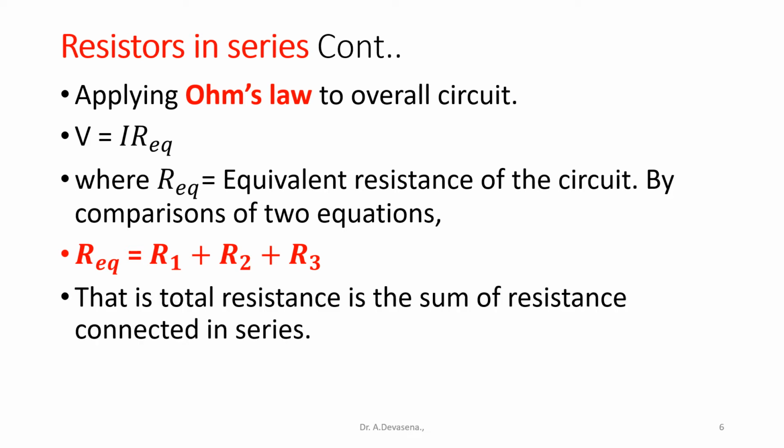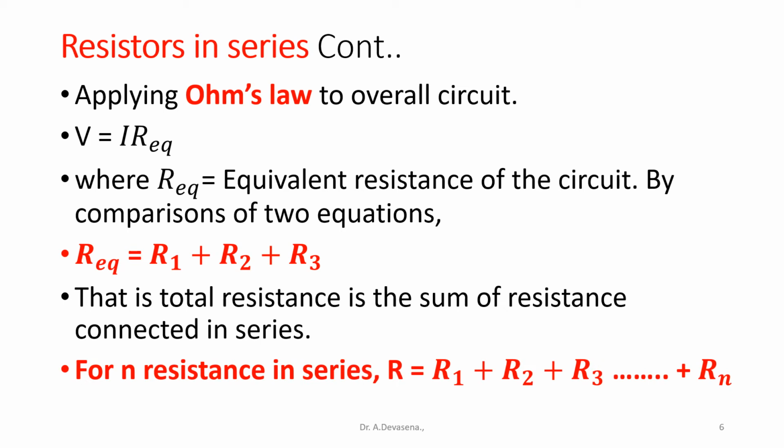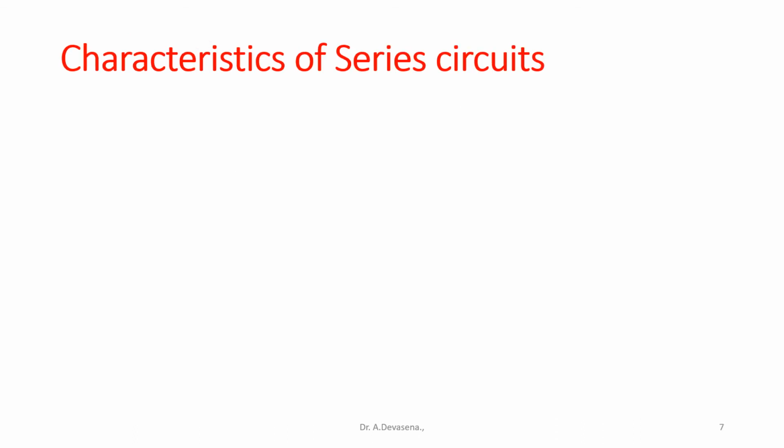That is, total resistance is the sum of resistance connected in series. For n resistance in series, capital R is equal to R1 plus R2 plus R3 and it goes on plus Rn.